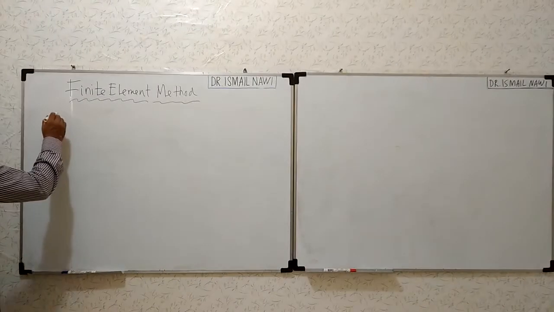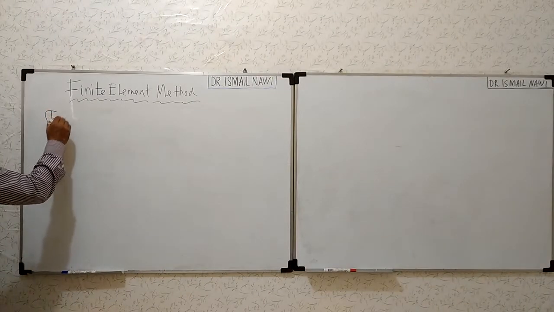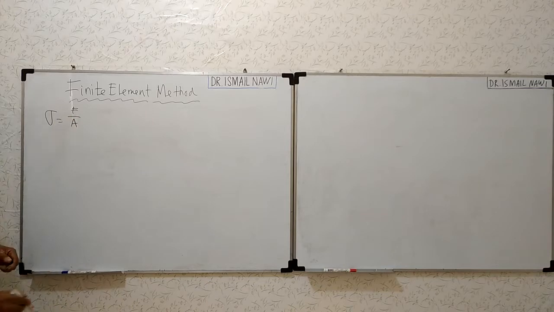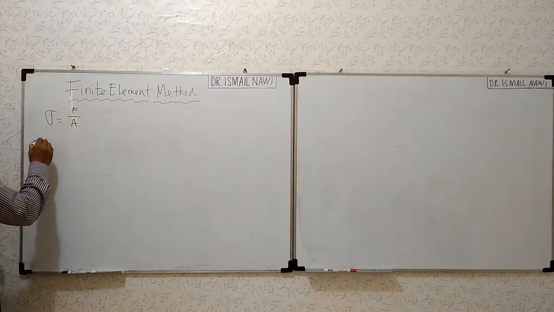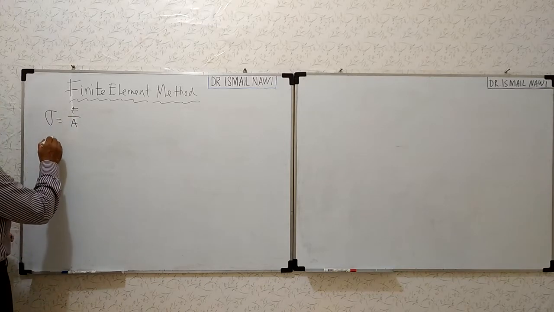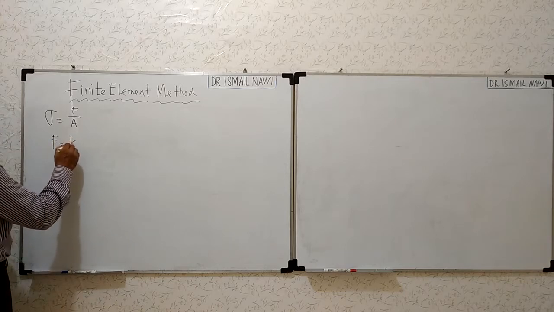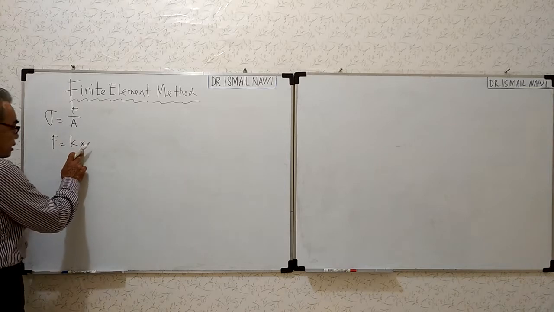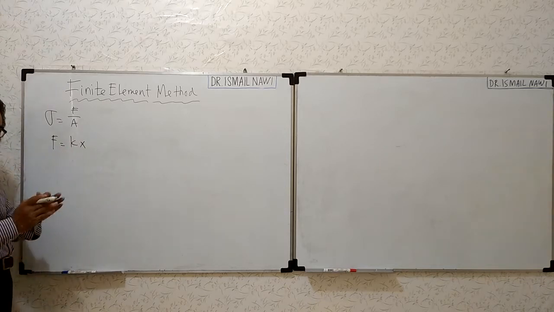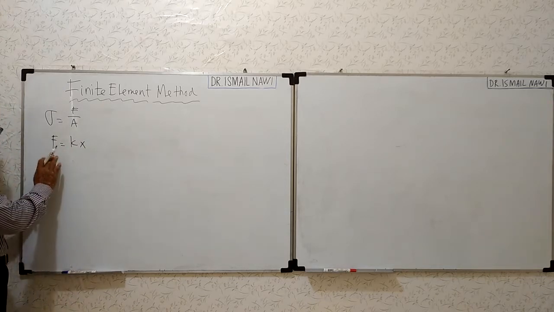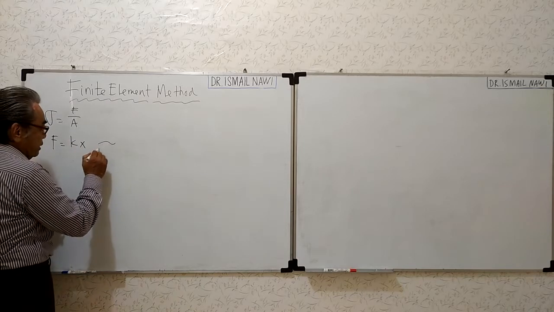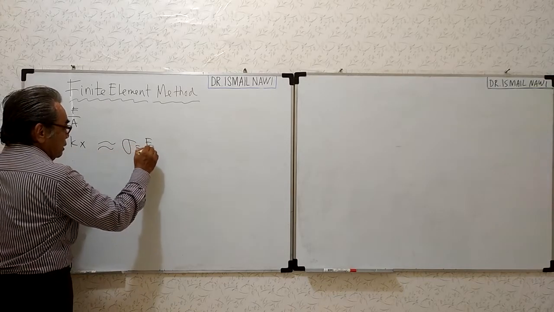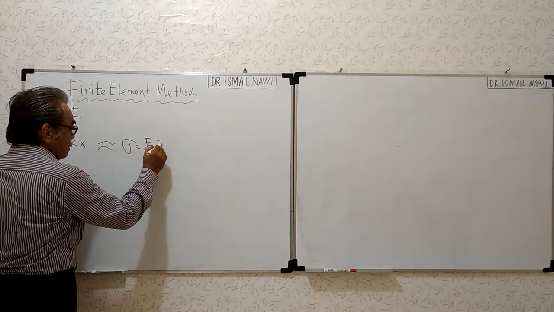We see here the stress actually equals force divided by A. And Hooke's law shows that F is K by X. X is displacement, K is the constant of the spring, and F is the force. So we can see that sigma also equals E times strain.